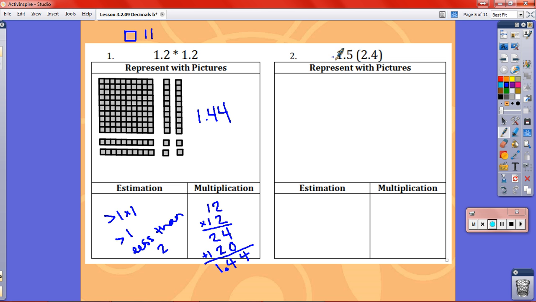Alright, this is still multiplication. I'm using a slightly different symbol here to get kids used to seeing different ways of representing multiplication. So this is 1 and 5 tenths times 2 and 4 tenths. So I'm going to put 1 and 5 tenths across.